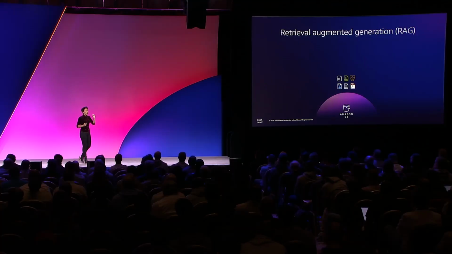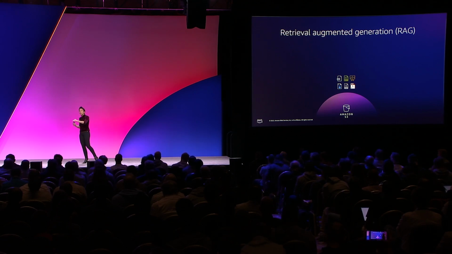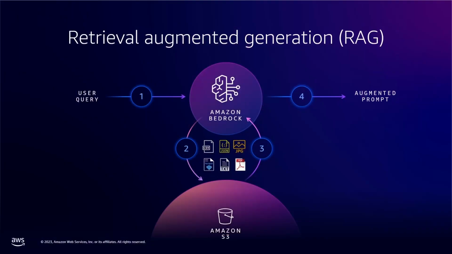For fast-changing data, we find most of our customers tend to use RAG. RAG helps your model respond with the most recent data as context, and it influences the response so you're not changing the model itself. Instead, what RAG does is it adds data into the context of the user's request or question to bias the model's response in the right way.